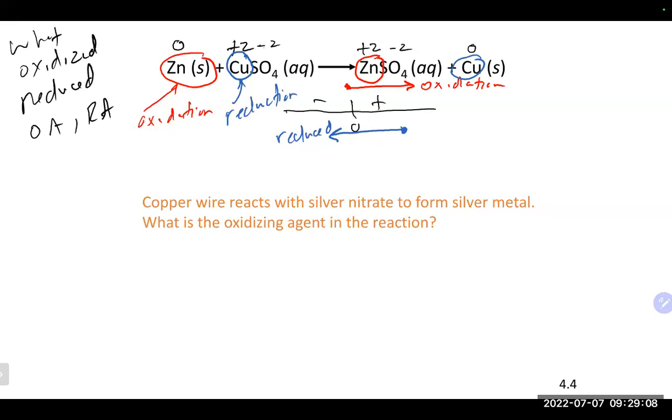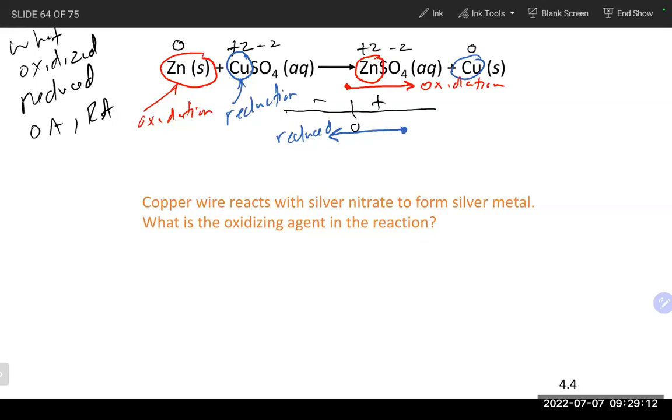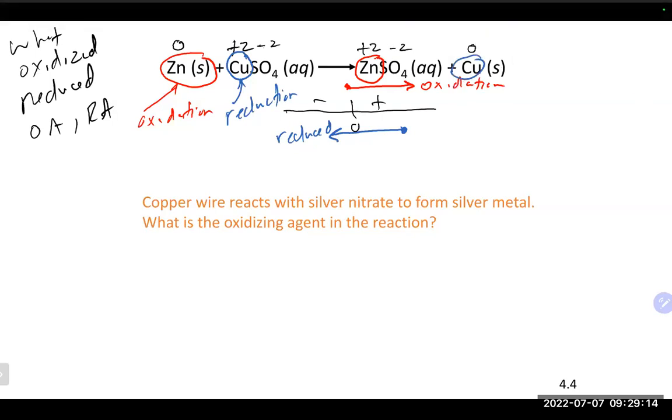Any questions on that there? Now, that would mean that in this particular case, our zinc would be the reducing agent as it is going through oxidation. And our copper with a +2 charge on the left-hand side would actually be the oxidizing agent as it is going through reduction.